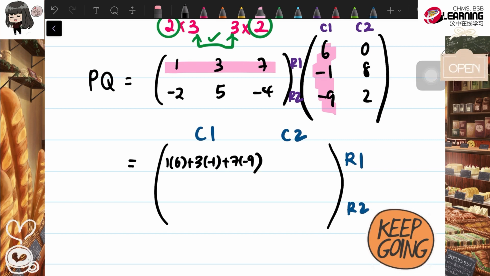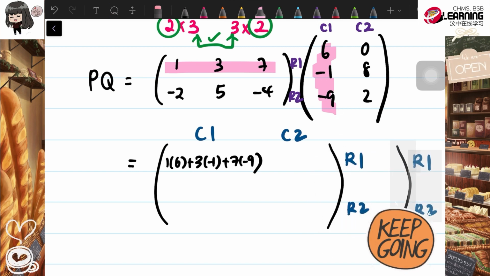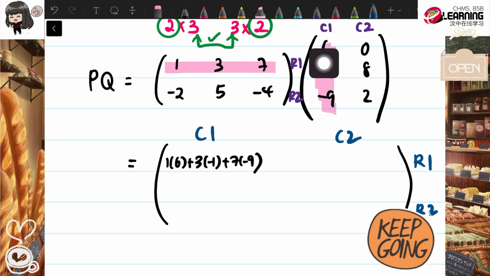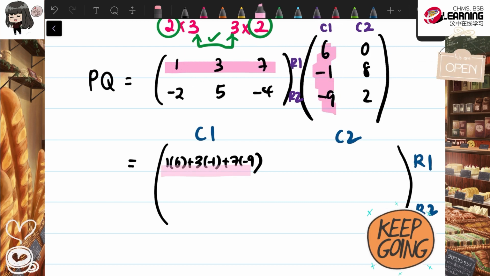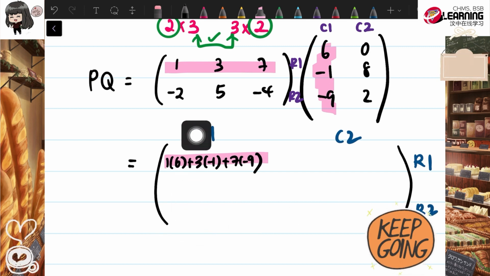I think I don't have enough space. This is your first row, first column. So it must be coming from your first row and first column here. And here will be your second row, first column.